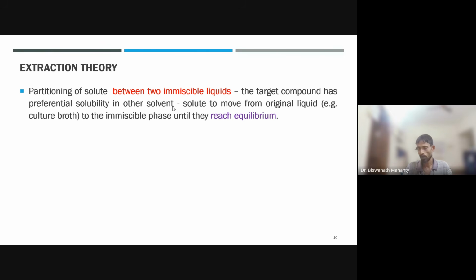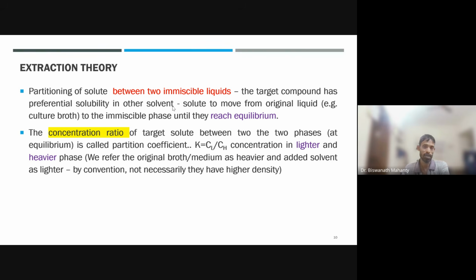So you're using two different solvents and our target compound is partitioning between the two phases. And after some time, they will reach an equilibrium. Equilibrium is essentially a scenario where there are no more changes in concentration between the two layers. So essentially, you can assume they have reached an equilibrium stage, concentration remains constant.